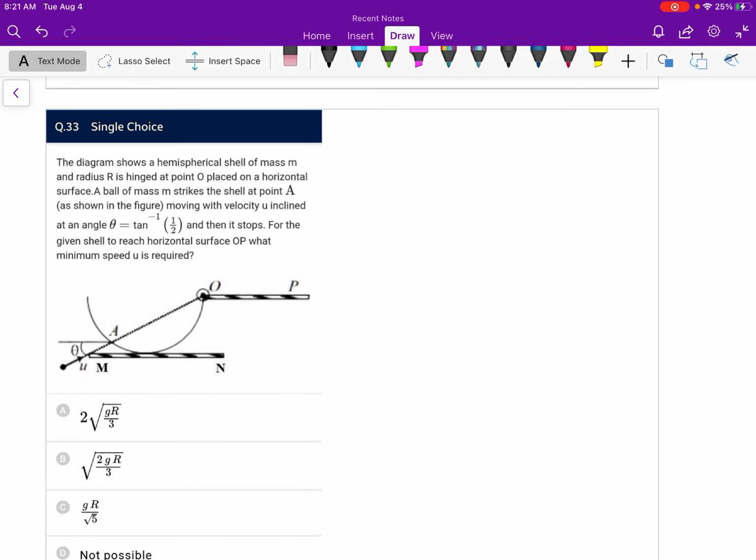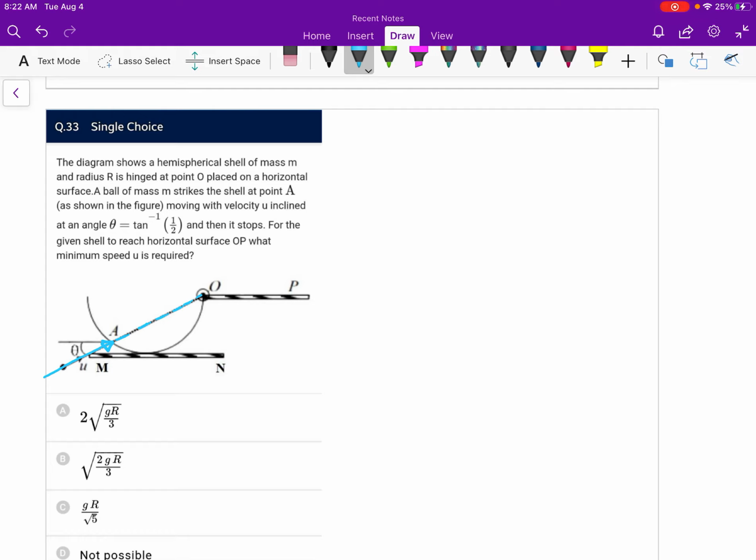The diagram shows, this is a good question, you need to read it patiently. A moving with velocity u, incline at an angle of this and then it stops. For the given shell to reach horizontal surface, what minimum speed u is required? So see carefully, this line of velocity passes through the hinge.